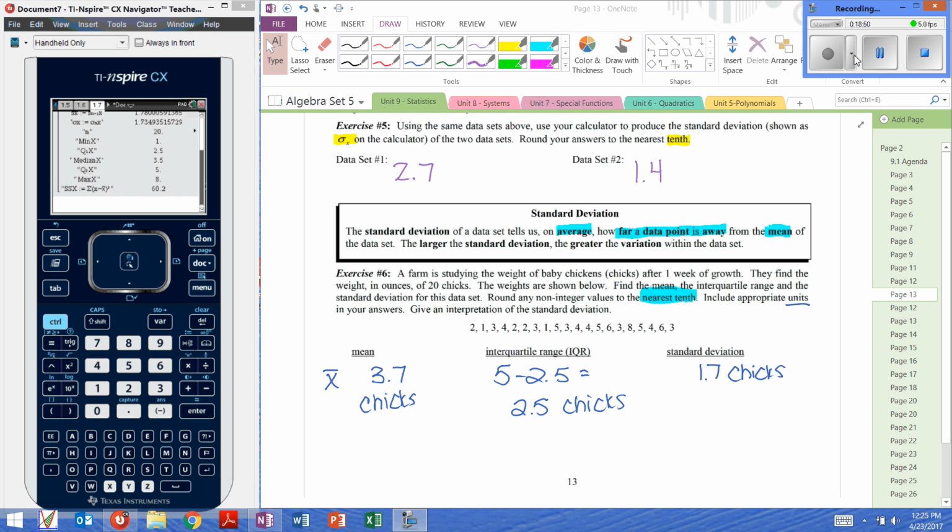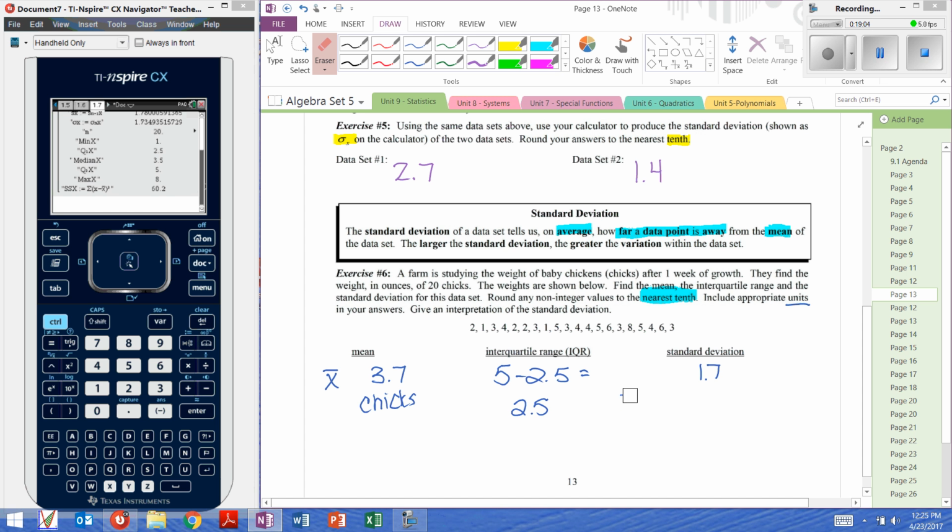So what this means is on average, a data point is going to be about 1.7, and I said chicks. This doesn't make sense. Let's fix these. These shouldn't be chicks. These all should be ounces. We're not dealing with the number of chicks. We're dealing with the weight of the chicks, right? It says ounces. Yes, ounces.